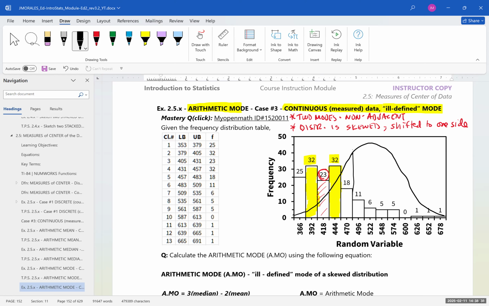So if you had maybe two modes that were non-adjacent, something like this, you would not be able to use it in this case because this looks like a symmetrical distribution. It's not skewed like this or skewed like that. Okay. So that's what I mean that the distribution is skewed, meaning it's shifted to one side.